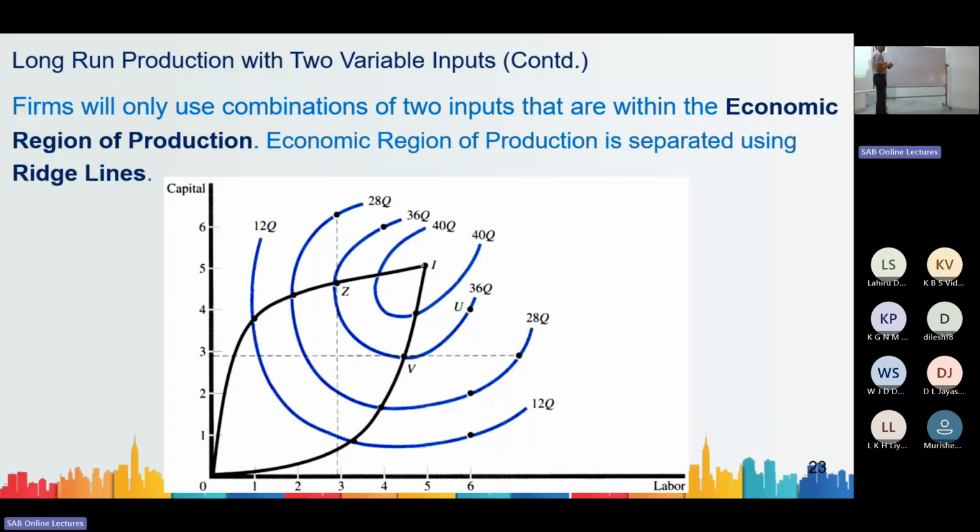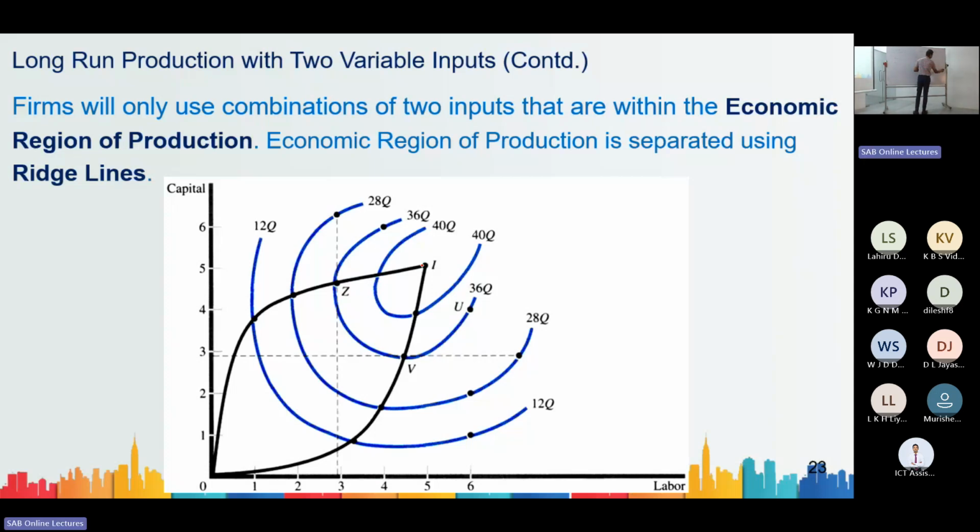So, to identify the region over which a rational producer will operate, to identify the economic region of production, we draw ridge lines.